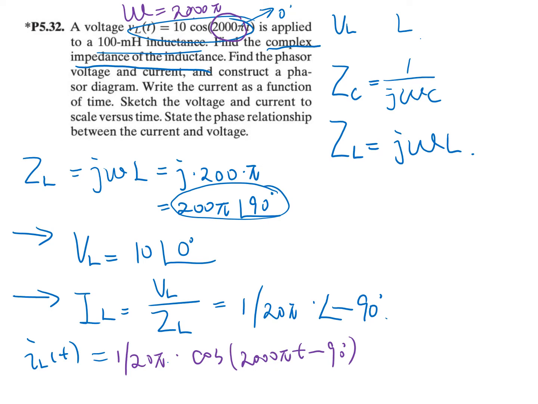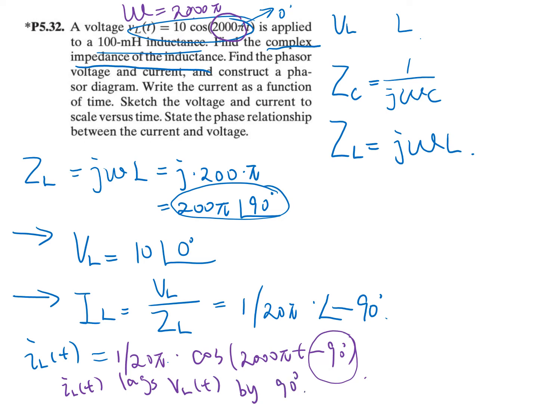What we can see here is the relationship between the current and the voltage. The phase for the current is negative 90, and for the voltage it is 0. So we know that the current ILT lags VLT by 90 degrees.